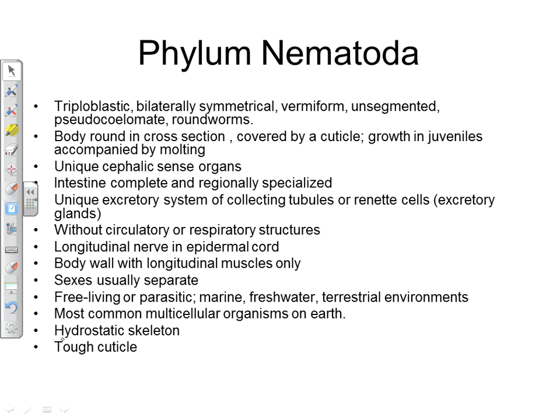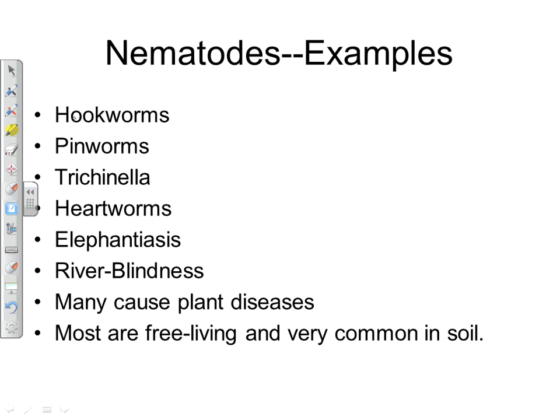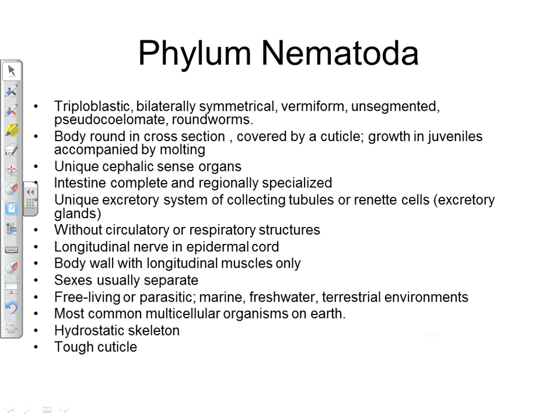They have 3 germ layers. They have bilateral symmetry, just like you. They're not segmented. And like we said before, they have a pseudocoelom. They have a body cavity, but it's not made in the usual manner. It's made between 2 germ layers.